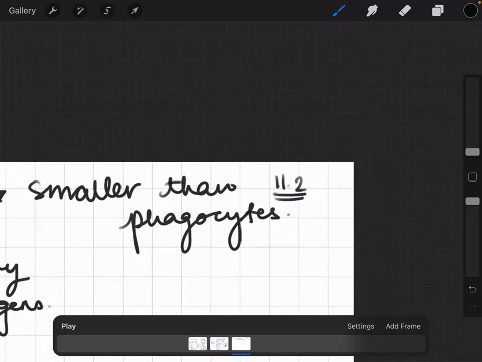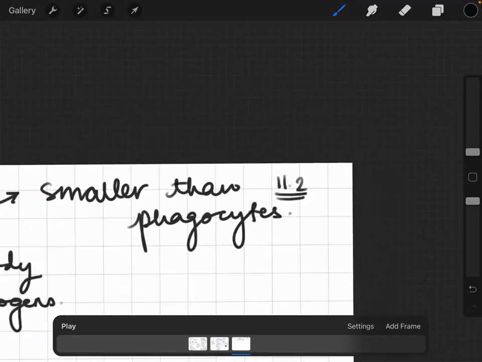If you can spot, you will see that there are 3 very peculiar cells present. The one on the extreme right is a lymphocyte. It is smaller than the cell on the left hand side, which is a phagocyte. That's basically how you are going to be able to identify all of these cellular structures.